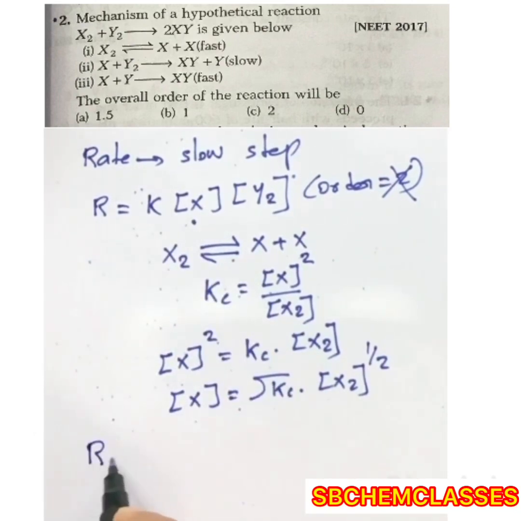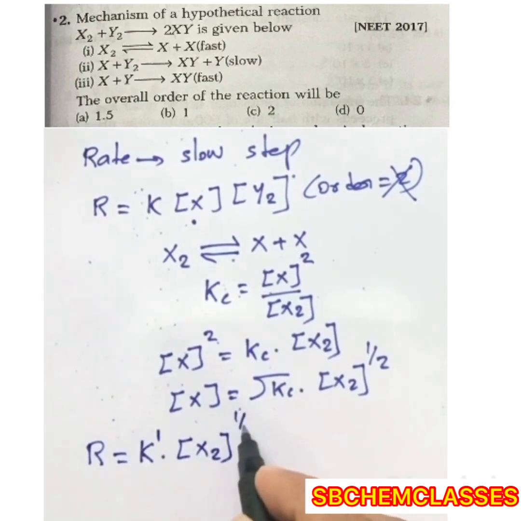So, R equals K into root Kc, where K is constant and Kc is constant, so totally constant, simply K dash, into concentration of X2 raised to half and concentration of Y2. So concentration of X2 to the power half, concentration of Y2 to the power 1.